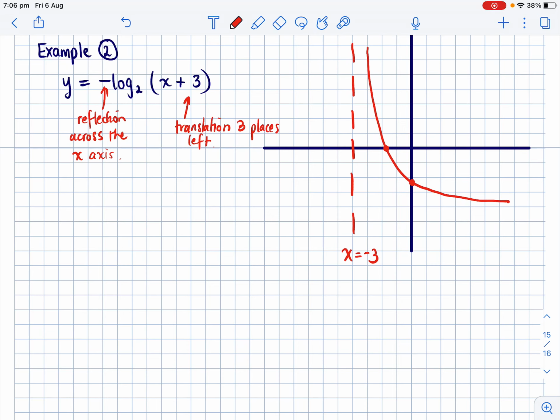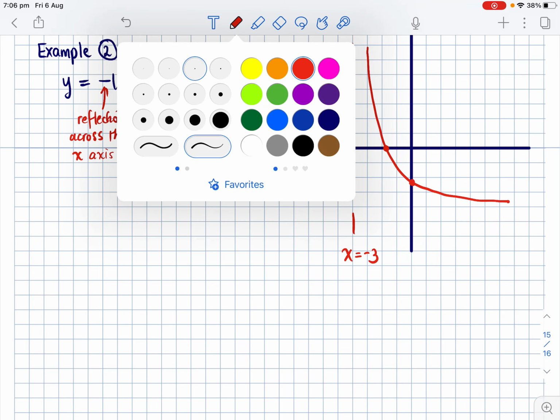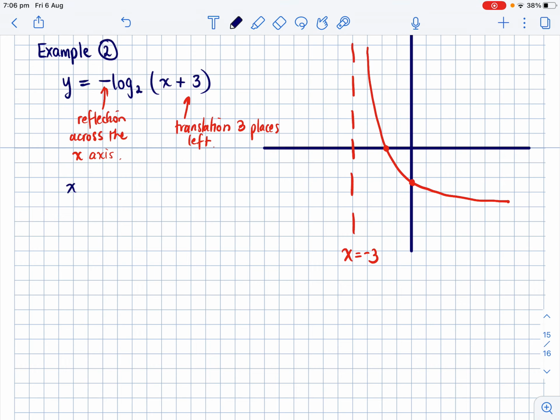If I want to find the x-axis intercept, same as before, the x-intercept occurs when y equals 0. So substitute y equals 0 into the equation, which would look like that. Divide both sides by -1, or multiply both sides by -1, it doesn't really matter which way you do that. It still equals 0.